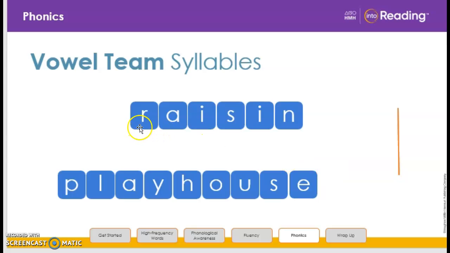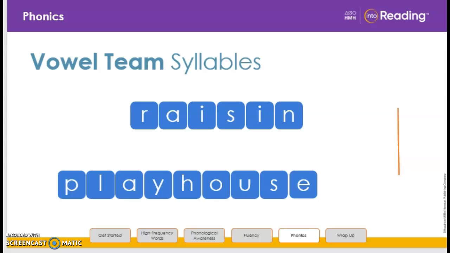Here we go. Raisin. When you blend the word together, it sounds like there's a Z in the word, but it's actually an S, S-I-N, raisin. So the A-I says A, and the S-I-N says zen, raisin.